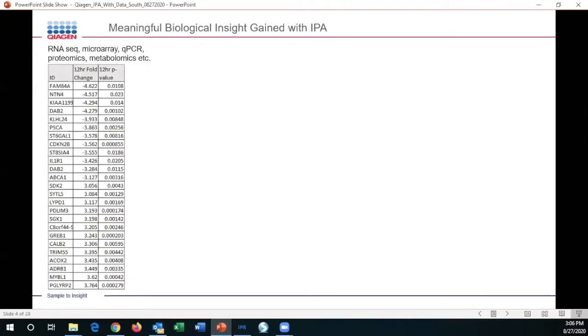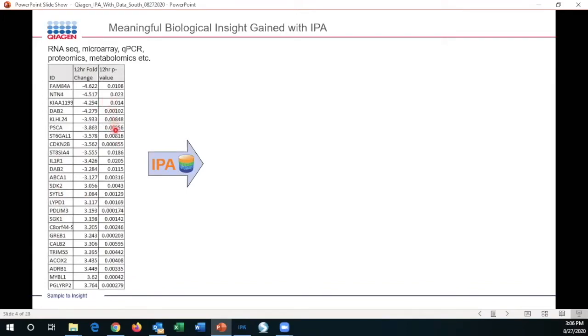And as such, we'll get standard metrics beyond our molecules of interest from this analysis. We'll get gene symbols, but then we'll get fold changes and p-values, letting us know what genes are significantly changing and in what direction they are changing in our experimental group.